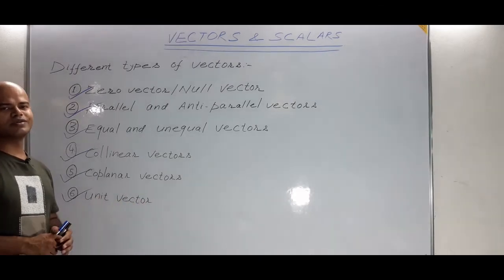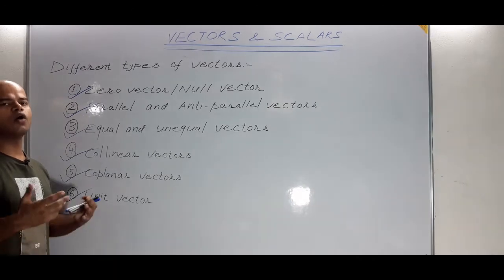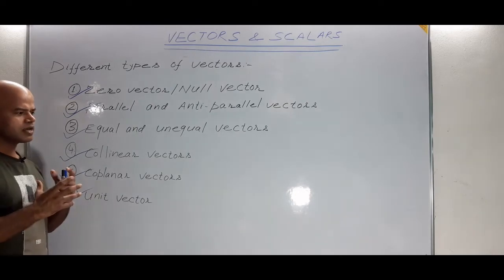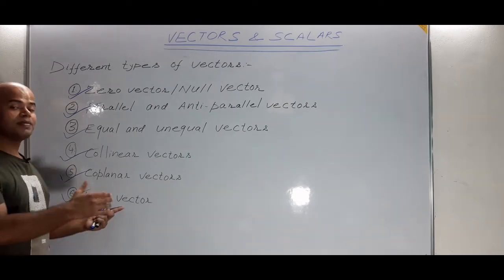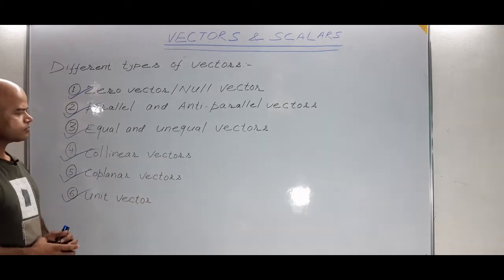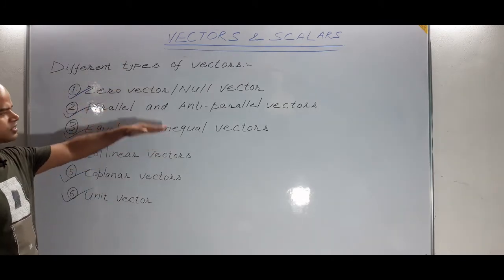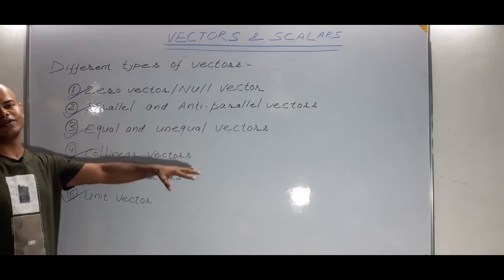We'll simply try to understand what is a unit vector and how and why do we use them, right? Detailed discussion on unit vector will be in the next video lecture. So here we'll define each of these vectors and what are their significance. These things we'll try to understand in this video lecture.